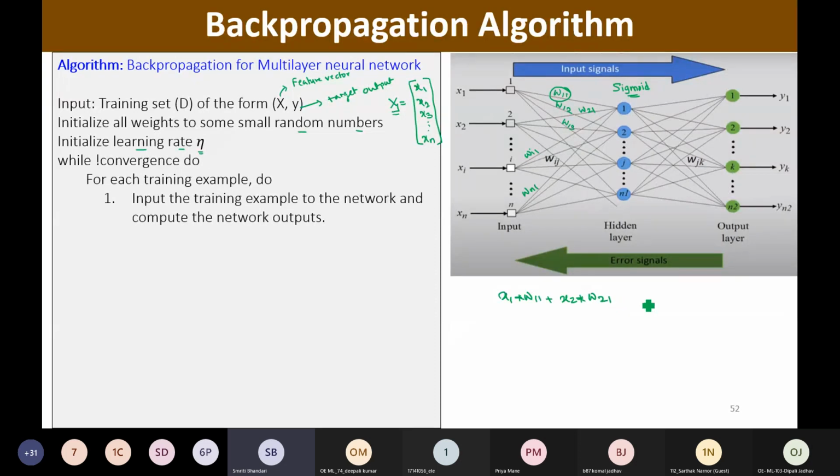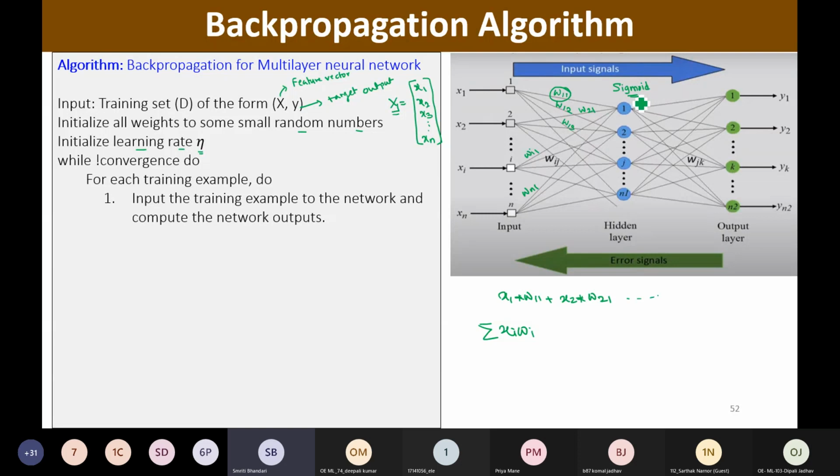So it is the summation of xi wi. Weights are associated with the connections, right? So for this unit, my input becomes x1 w1 plus x2 w2 plus x3 w3 and so on. Are you getting me? Yes, ma'am.